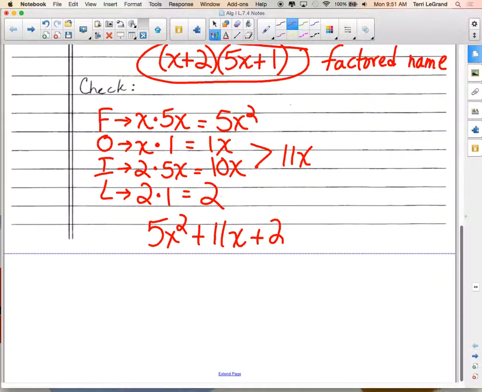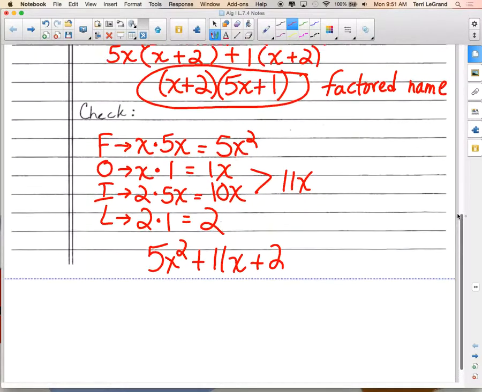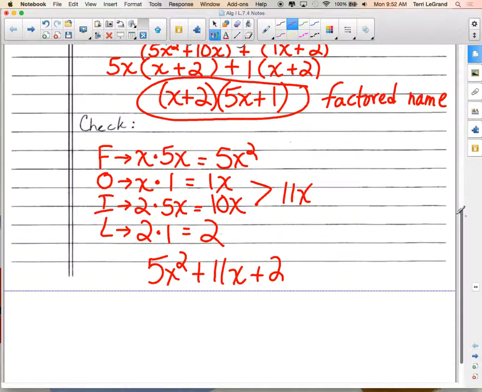Okay, so basically, if you don't use this method, you need to figure out what beginning terms would multiply to be 5x squared, and what ending terms would multiply to be 2, and yet, in the O and the I step of the multiplying, you would arrive at an 11x. So the method I am showing you is just a way to get to that.